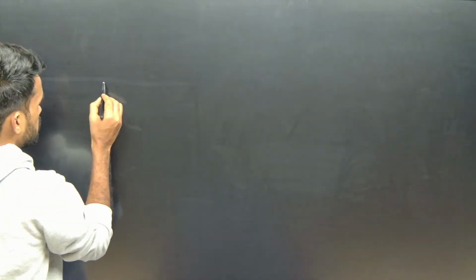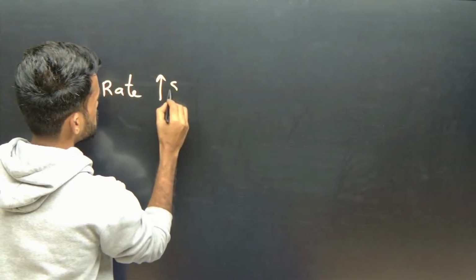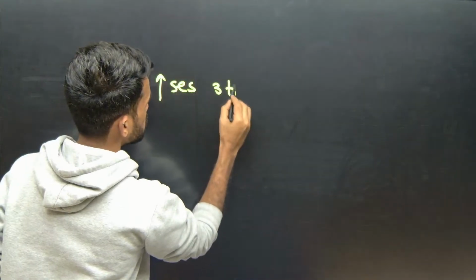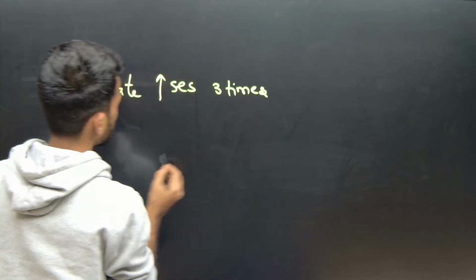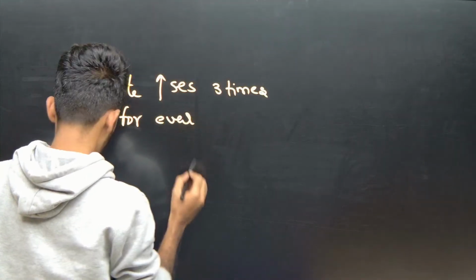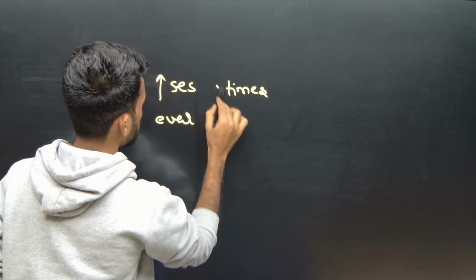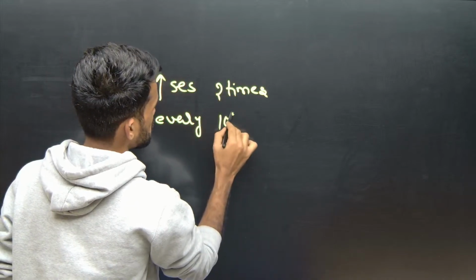Just answer me what will be the answer for this particular question. See, the rate increases 3 times for every, or rather the rate increases 2 times for every 10 degrees Celsius.